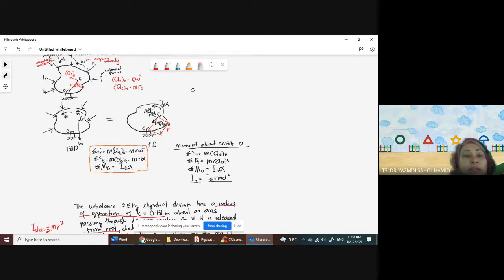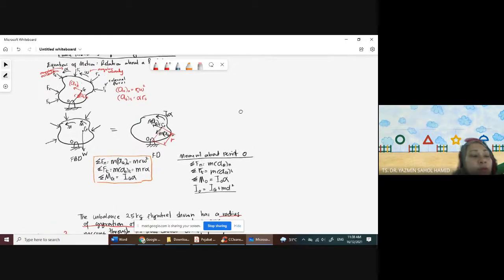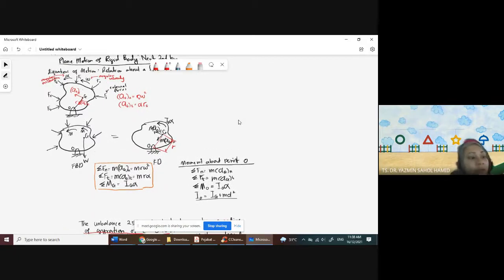So for this question, we have identified this is a kinetic problem, and which involves rotation about a body at a fixed axis, we can use this following procedure lah.